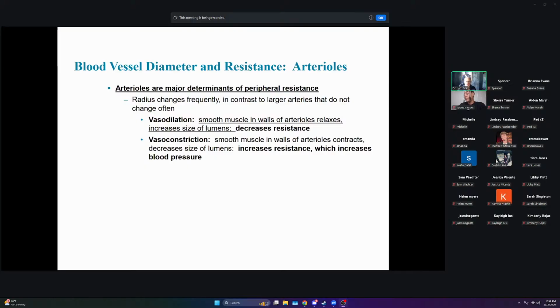Arterioles steer blood to areas of need and away from areas where it's not needed, all with the intent of homeostasis and function, depending on what's going on at that given moment. Also know that the smooth muscle tissue in the tunica media, the wall of the arterioles, when it relaxes, is going to dilate, increasing the size of the lumen, which then would decrease resistance.